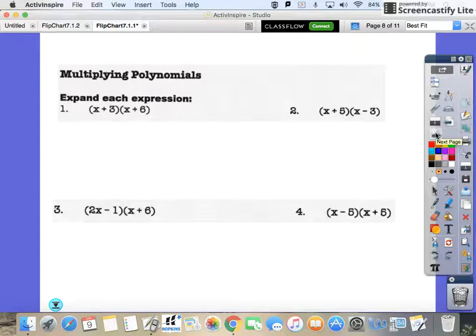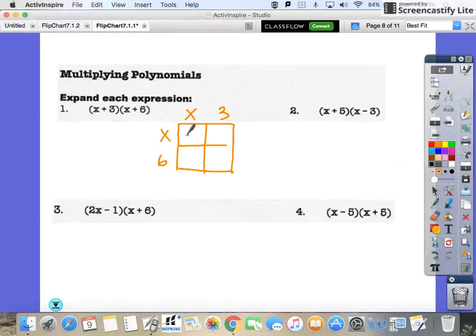Okay, here's the meat of what we have to do. We need to be able to multiply polynomials. I'll show you 2 ways to do it. And then I'm going to do the shortcut just to save a little bit of time. So the way that I usually do this is I make a box because we need to multiply multiple things by each other. So I put the x and the 3 up top and then the x and 6 down the side, and we end up with a sort of times table.